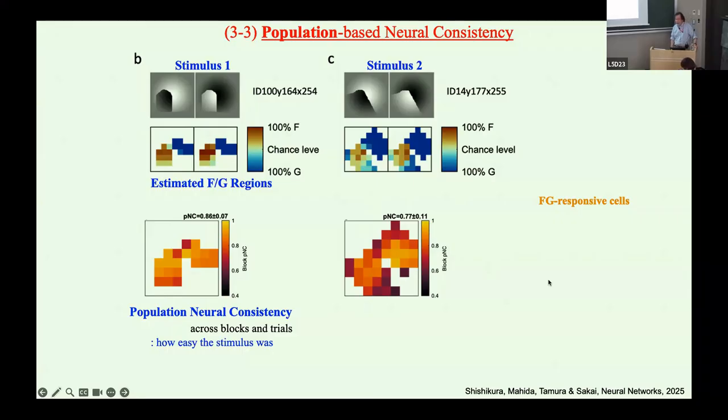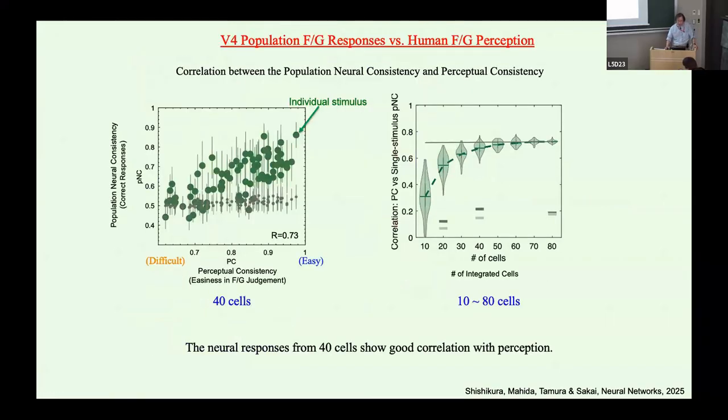So now we have the population consistency, and we can compare it with perceptual consistency. This shows a correlation between the population neural consistency and human perceptual consistency. We can observe a clear correlation between them.